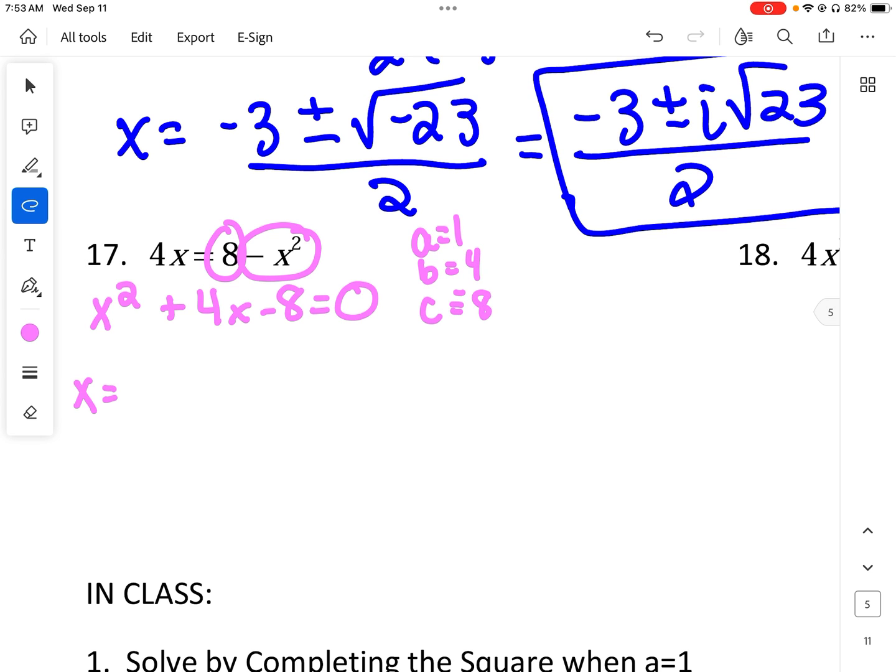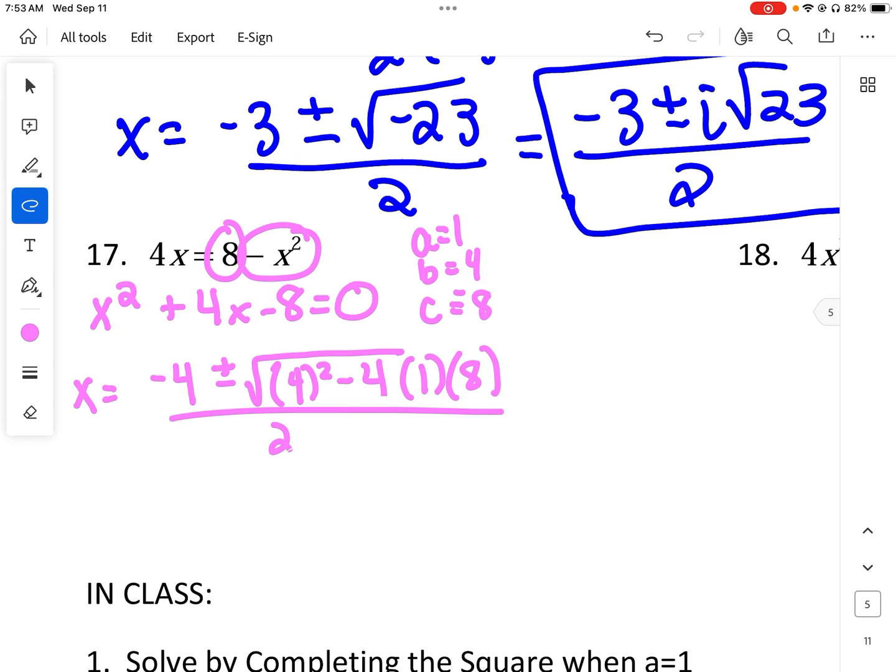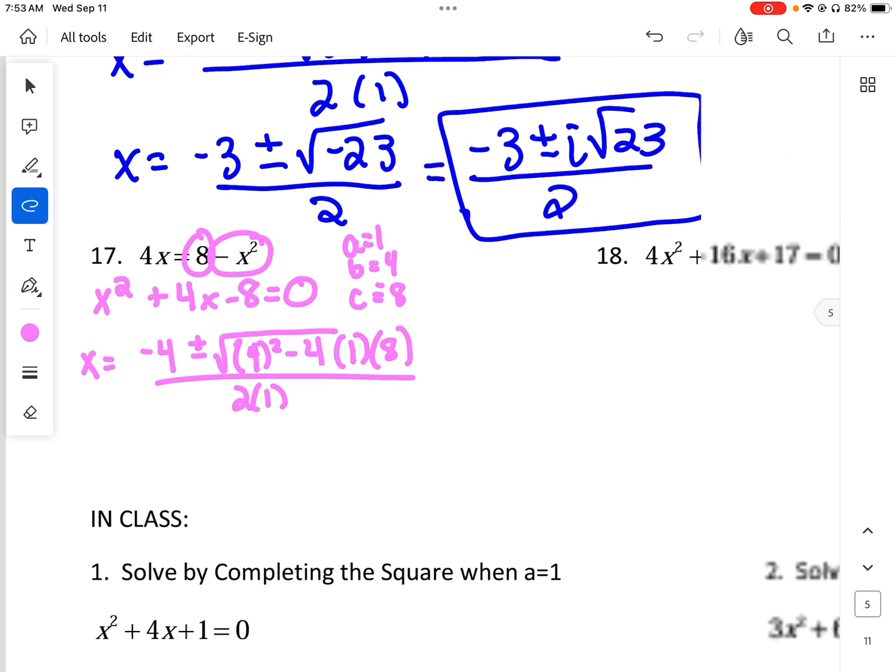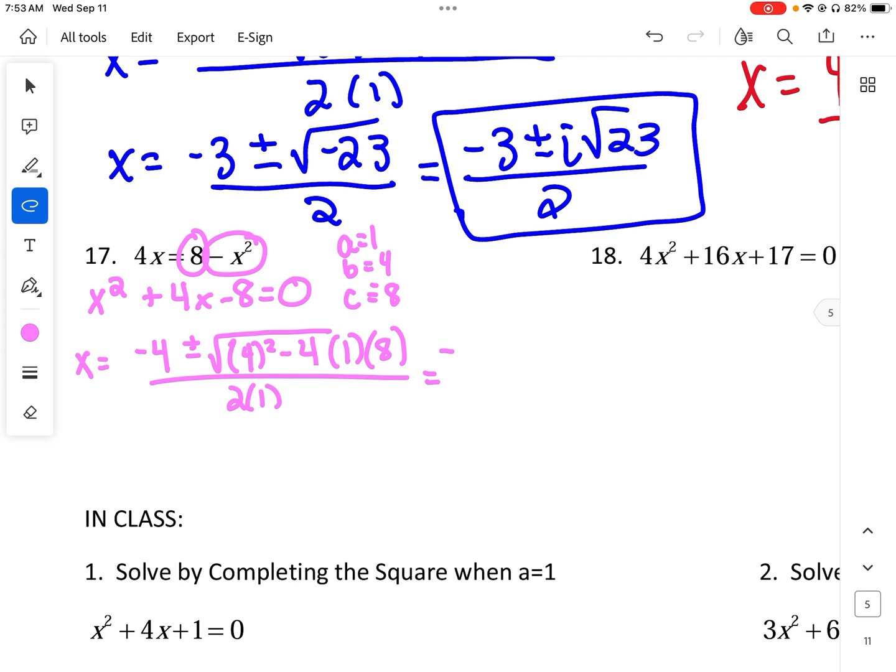So x equals negative b plus or minus the square root of b squared minus 4ac, all over 2a. Okay, so negative 4 plus or minus, let's see, 4 squared is 16. 4 times 8 is 32.